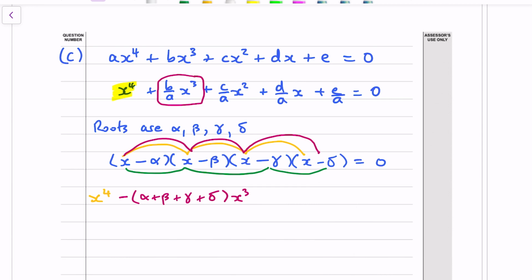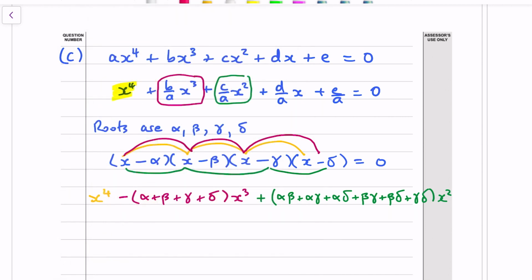Each of them has two numbers, so a paired product. So I've got to write down all the paired products: alpha beta, alpha gamma, alpha delta, plus beta gamma, plus beta delta, plus gamma delta, all times x squared. And it's positive because I'm going x times negative delta times negative gamma, so two negatives in there. And that gives me this term.